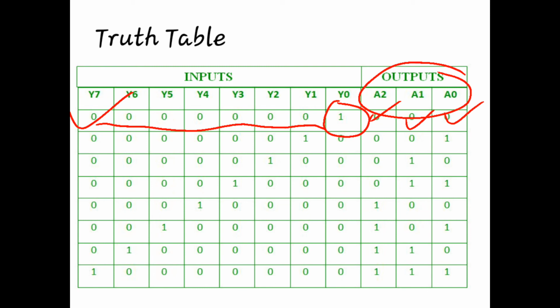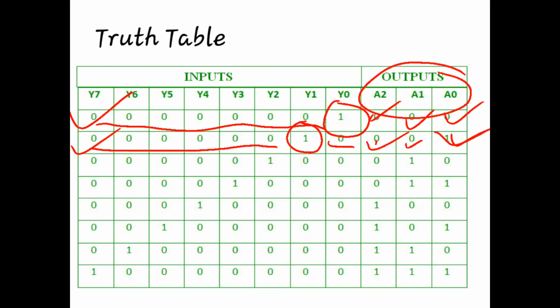Similarly, the second row keeps Y1 active and the rest of the lines disabled, which results in the code 0, 0 and 1.